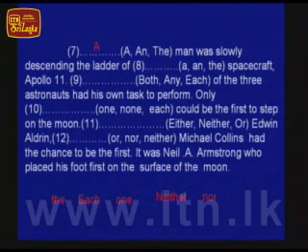Now we know that they were traveling in a spacecraft, so you may use the determiner the there. The spacecraft, because there was only one spacecraft on this journey. So, a man was slowly descending the ladder of the spacecraft, Apollo 11. Now the name of the spacecraft is given to you, Apollo 11.